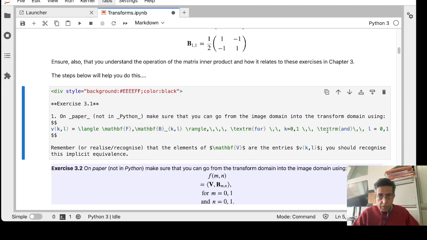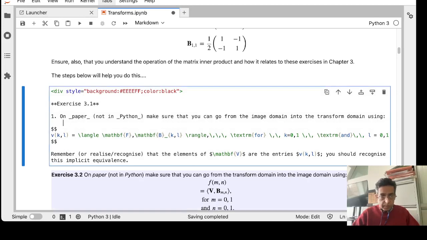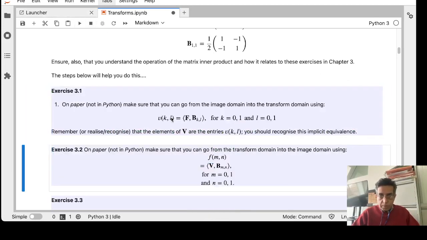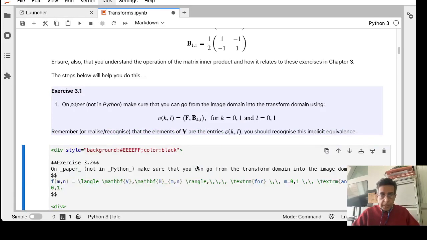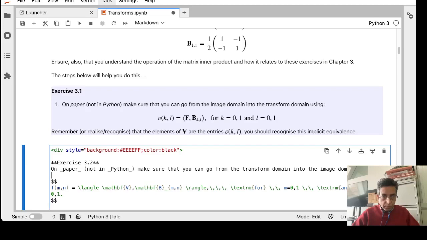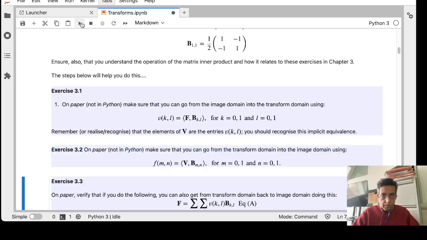Let me just see if I can do anything here that will get this working. Yeah, probably not. Let's just try that, see what happens there. Yeah, okay, ridiculous. And let's do the same thing here. Okay, so these are now correct.